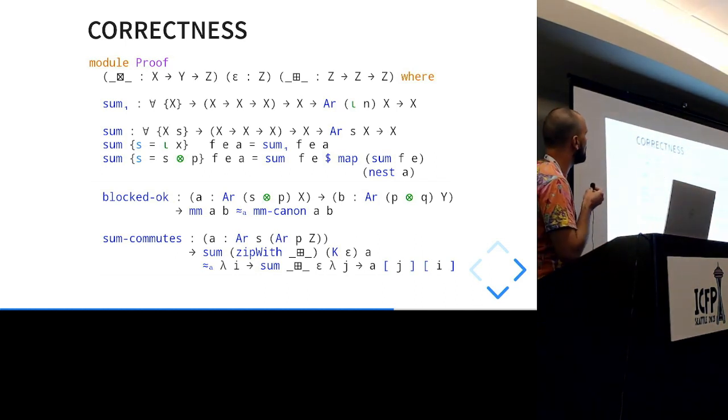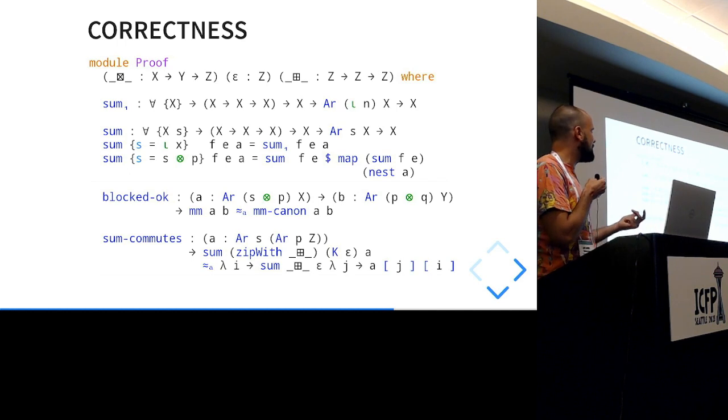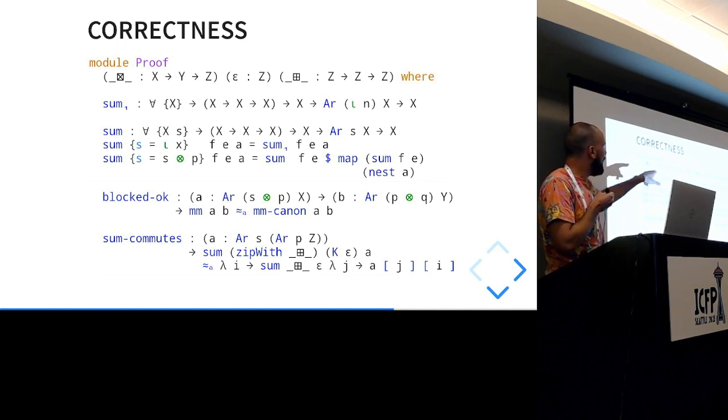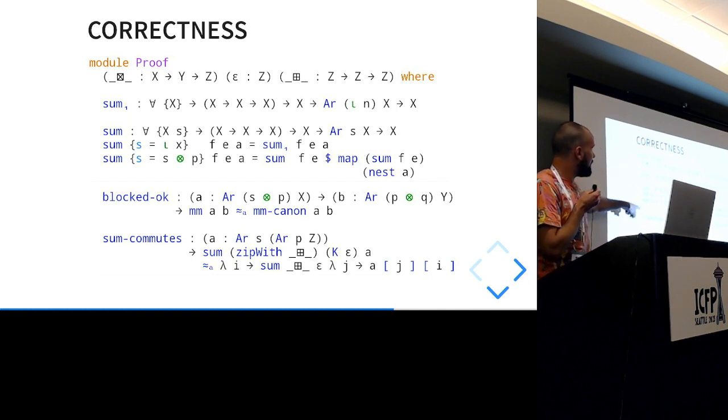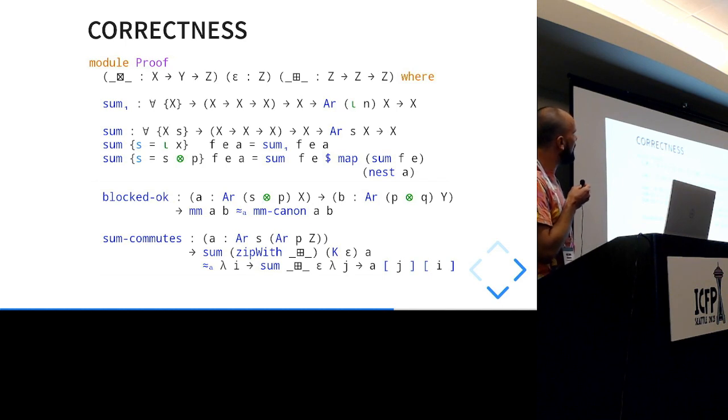I do something with the order that I do the summation, but I never require any properties of these operations, right? So this block matrix multiply computes the same result for arbitrary multiplication, 0, and plus that you choose, which is interesting.